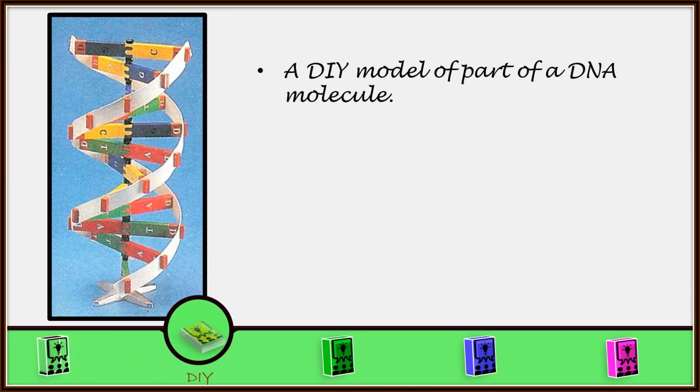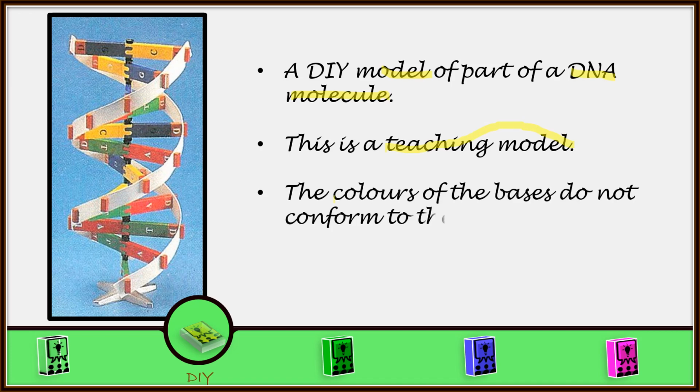Here we have a DIY model, part of the DNA molecule. It is just a teaching model, but the colors that are on the bases do not conform to the accepted scheme today. So here we have our helix strand of DNA.